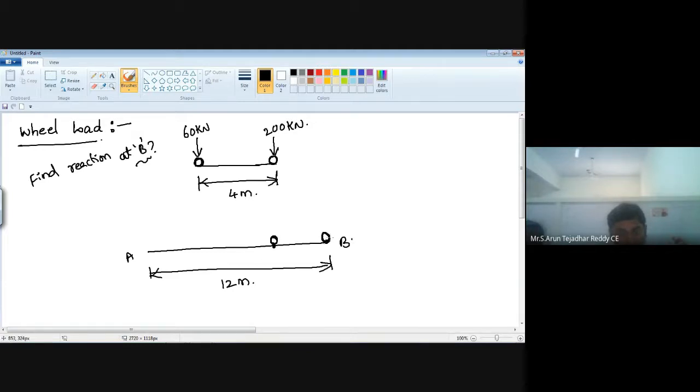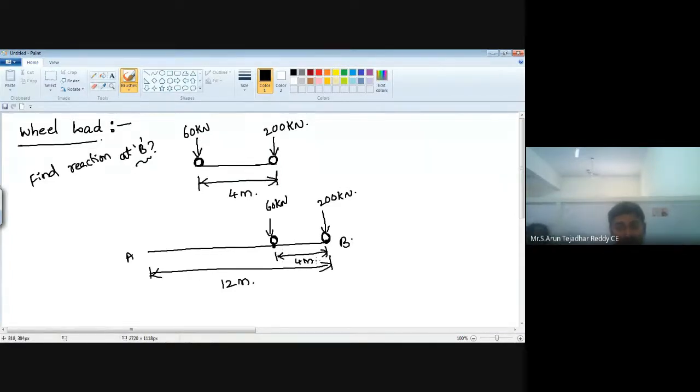Observe clearly. Then it is 60 kilonewton, and then it is 200 kilonewton. From here to here it is 4 meter span.